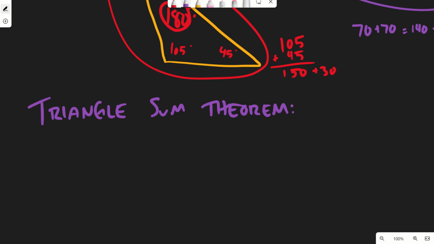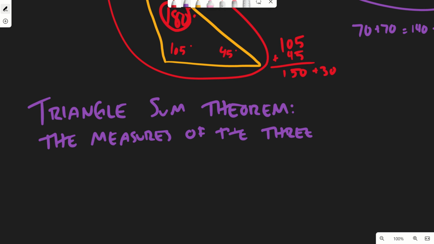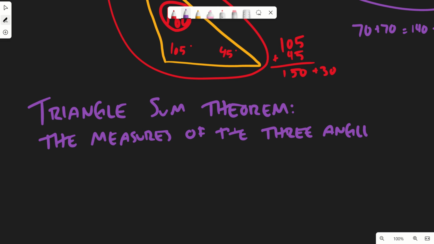The triangle sum theorem says that every triangle, the measures of the three angles in a triangle equal 180 degrees.